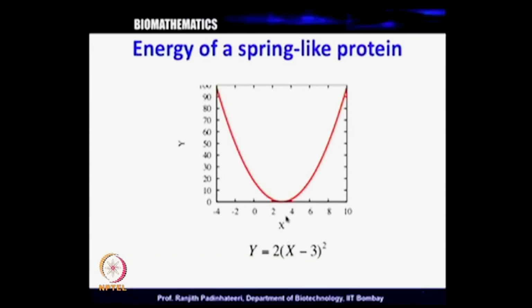So what did we learn? We learned that you take a function, find the derivative, equate the derivative to 0, and you will get the maximum or minimum of that function.